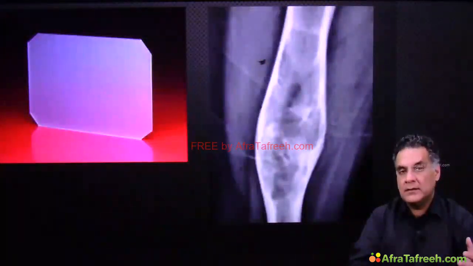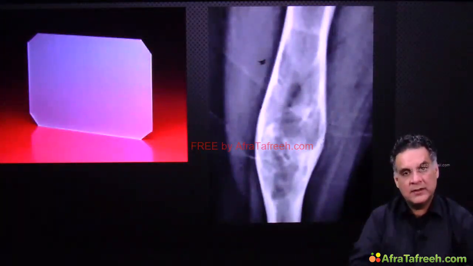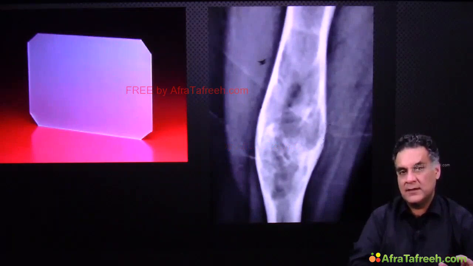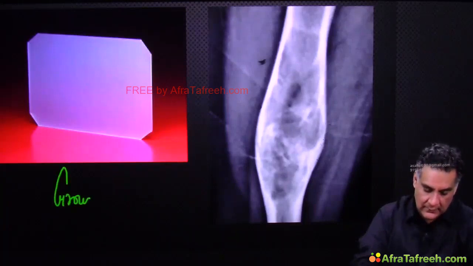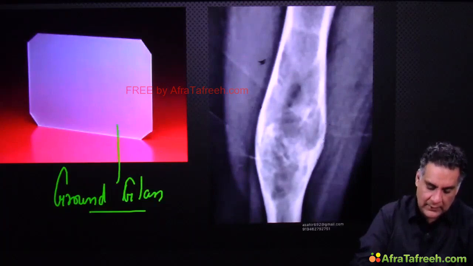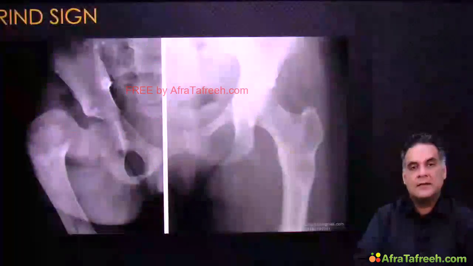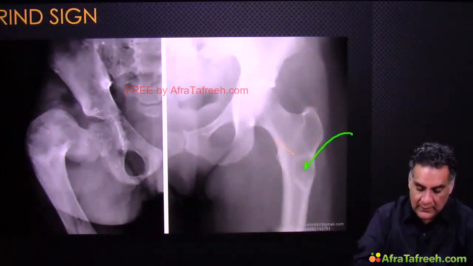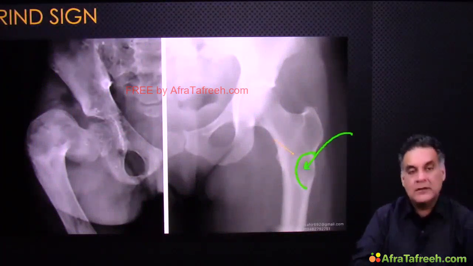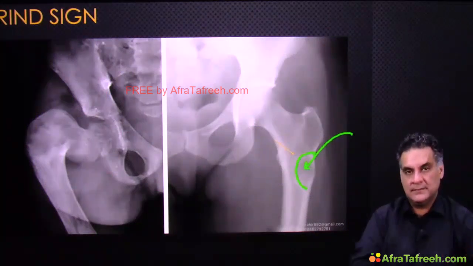The bone is replaced by fibrous tissue, so there is a hazy gaze. This hazy gaze gives it a ground glass appearance. Ground glass is not transparent. That's how it looks like. This tumor can have a lytic lesion at the upper end femur with sclerotic boundaries, called as a Rind sign.